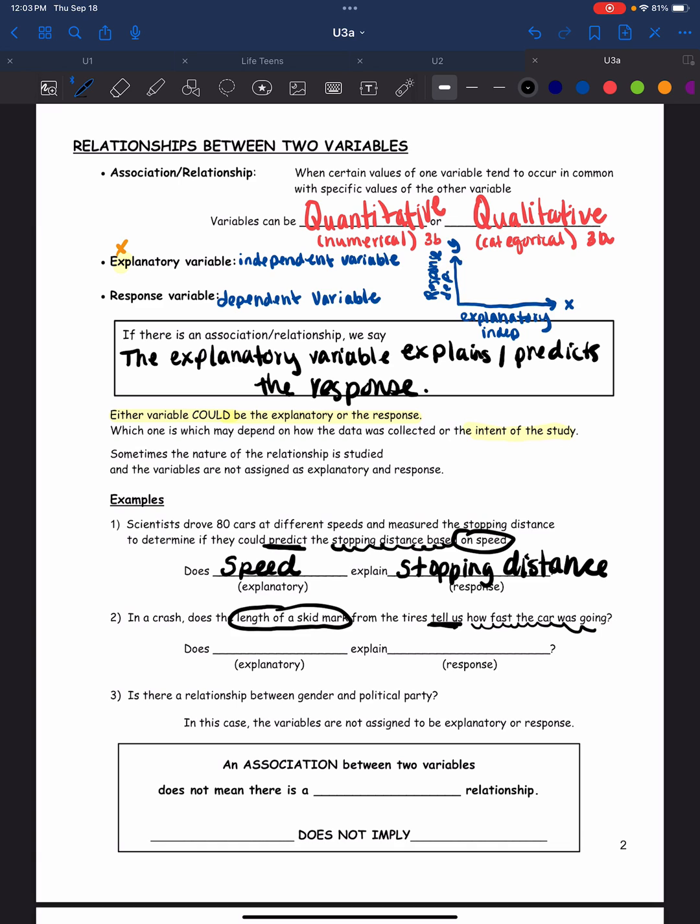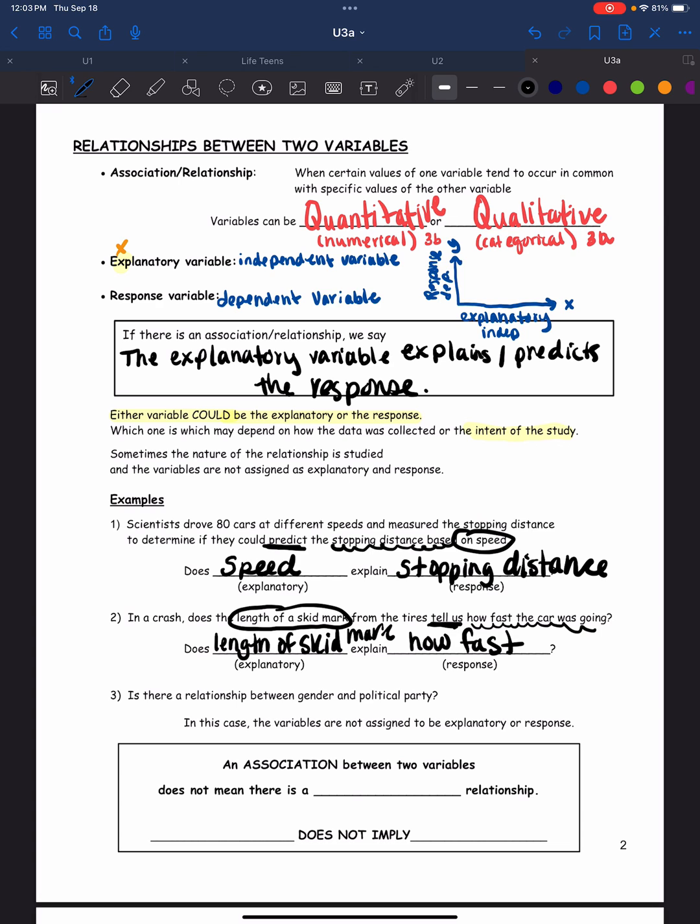I would say the explanatory variable is the length of the skid mark, and that could explain or predict how fast they're going. And I'm sure they do that with car accidents. There actually is a relationship between those. People do measure the skid marks at different accident sites, and they can try to predict how fast the car was going at that time.